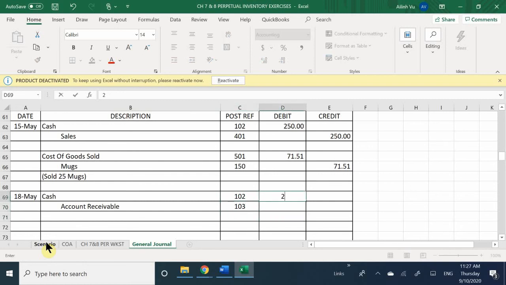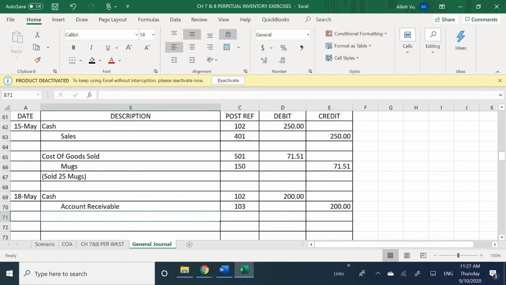And we know they paid off us in full for the $200. And I'm going to also indicate here that customer A paid. All right.